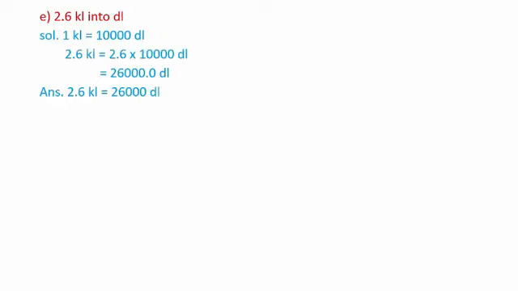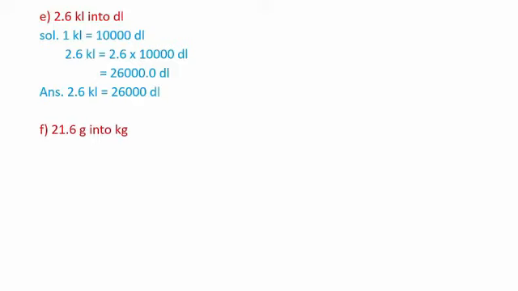So converting 2.6 kiloliter into deciliter, we need to multiply it by 10,000. That is 2.6 into 10,000 deciliter, which is equal to 26,000 deciliter. So the answer is 2.6 kiloliter equals 26,000 deciliter.